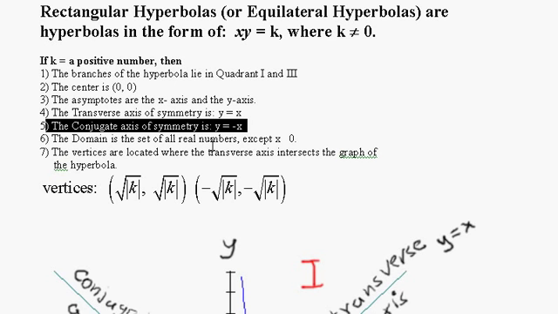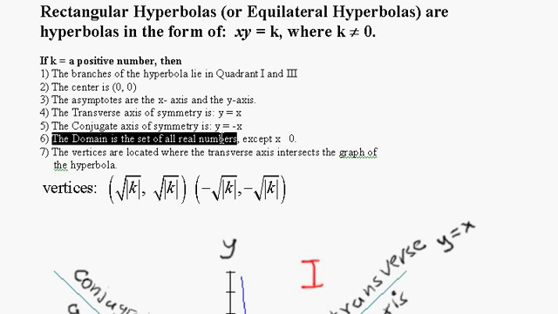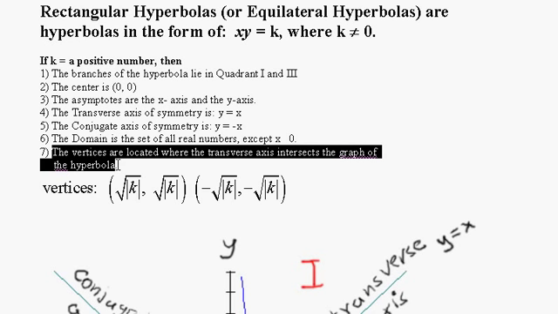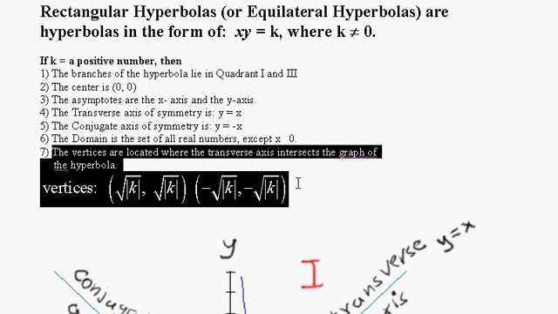And if anybody asks you about the domain, remember what x values work, what x values don't. The domain of all rectangular hyperbolas is every real number except x cannot equal 0. We're not going to ask for the foci, but we are going to ask for the graph, the center, and the vertices.